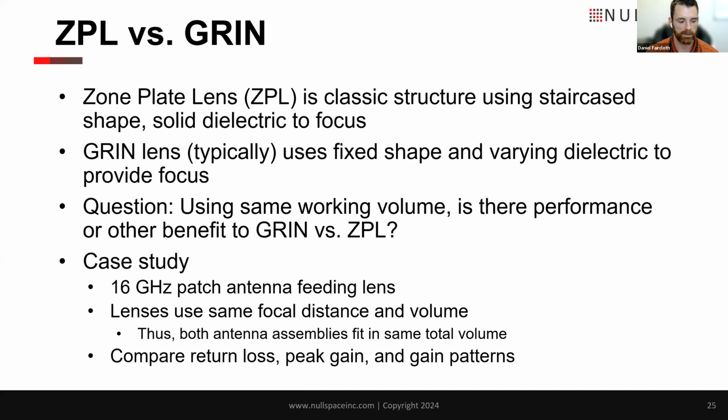Is it going to help me meet those objectives? Is it more efficient in any particular way than an alternative? And so we set about to perform a competition, if you will.